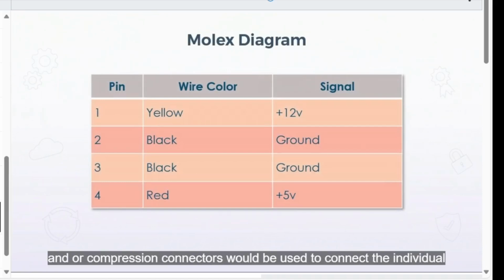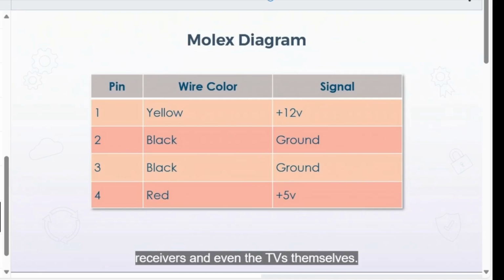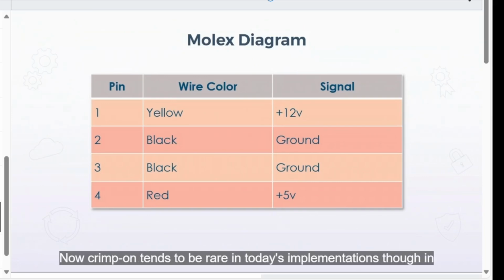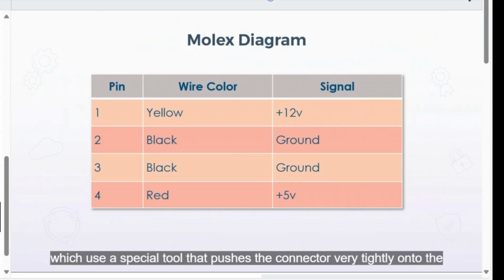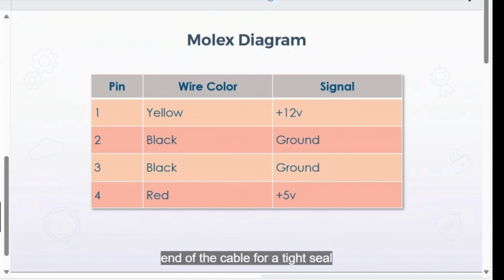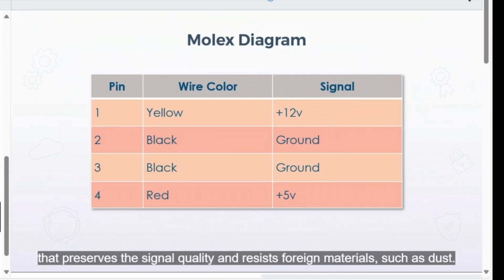Now, this particular diagram here is for when you have a 4-pin Molex connector. So it's not always the case. There are sometimes more wires than just this, but even in those cases, it's just a repeated sequence of the same 4 wires. So for the most part, what you'll find are 4 wires, yellow, black, black, and red, with pin 1 being the yellow wire, which carries a 12-volt power signal.